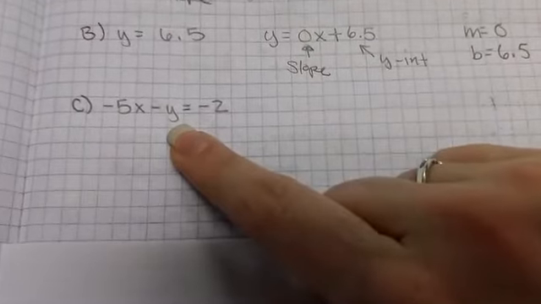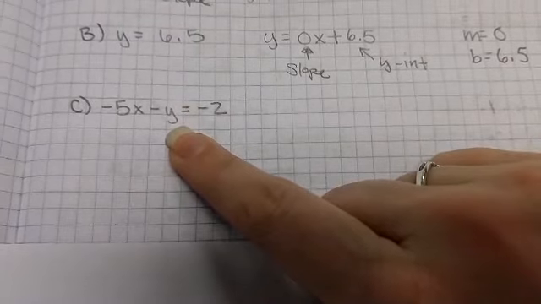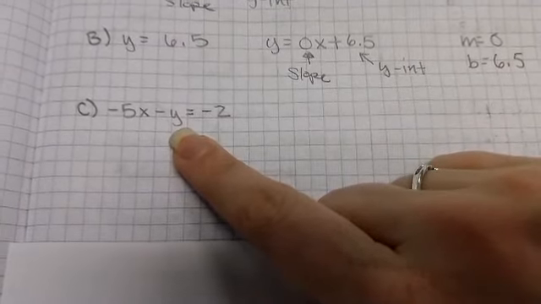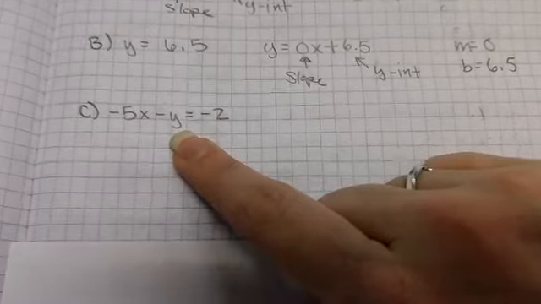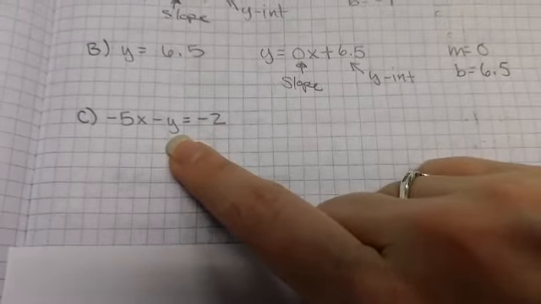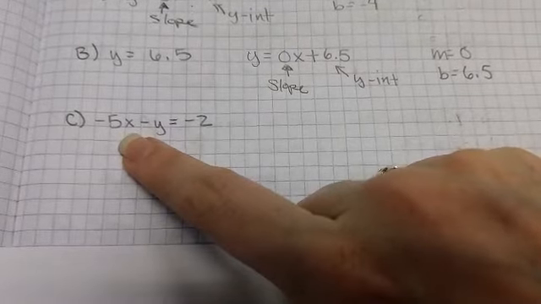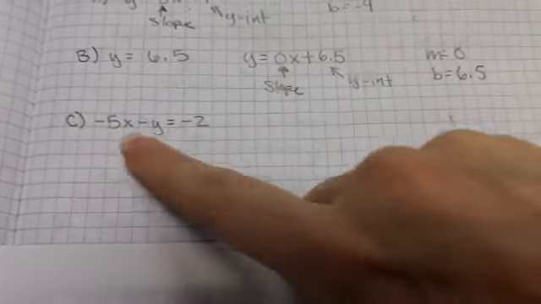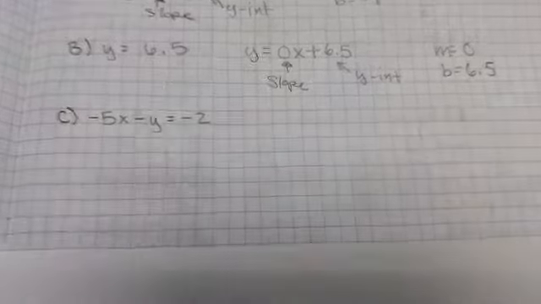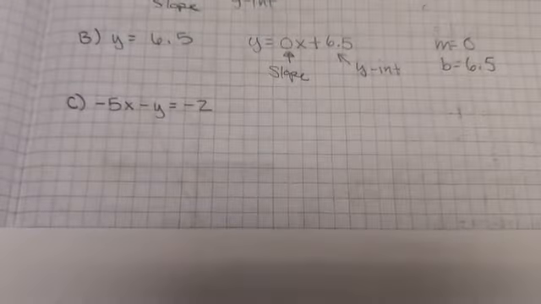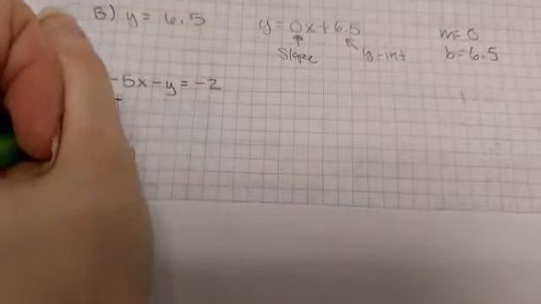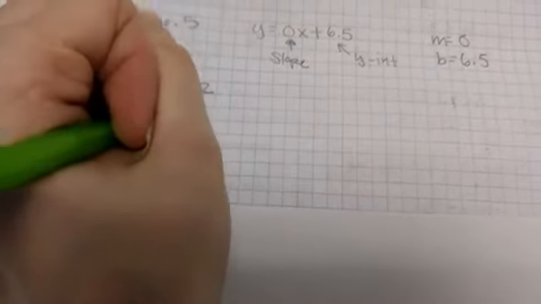Now we talked about this when we were solving our literal equations on how to go about this. So hopefully, I know it's been a while, hopefully you remember. So first thing we have to do is move this -5x to the other side of the equation. So we have a -5x, which means I want the opposite of minusing 5x, so we're going to add 5x to both sides.